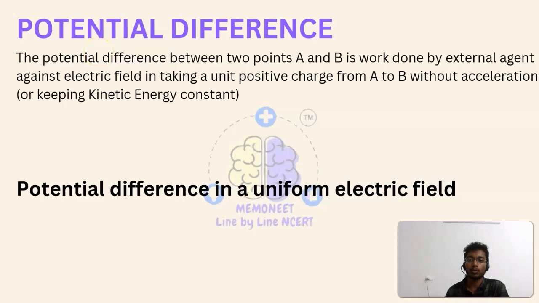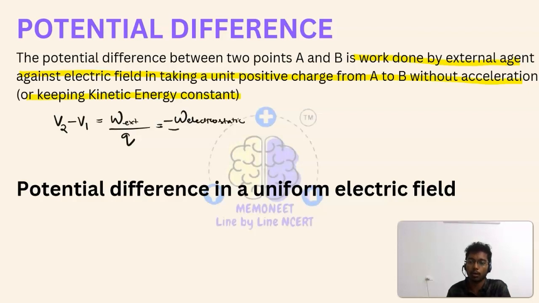Then potential difference. The potential difference between two points A and B is the work done by the external agent against the electric field in taking a unit positive charge from A to B without acceleration, keeping kinetic energy constant. So we can write V2 minus V1 is equal to work done by the external force upon Q. This will be equal to minus the work done by the electrostatic force upon Q. We know that work done is force into displacement, and the electrostatic force is equal to Q into electric field.